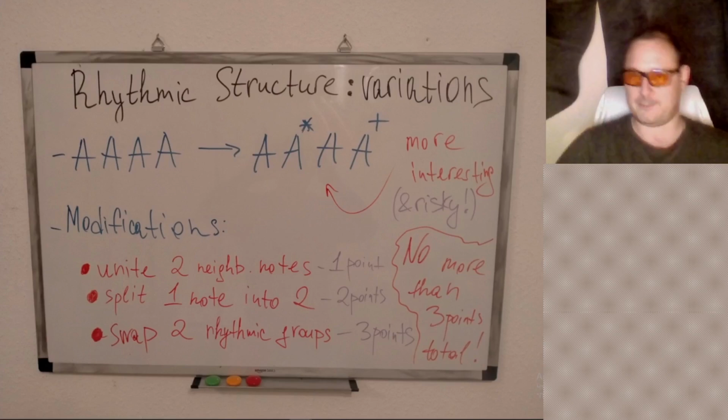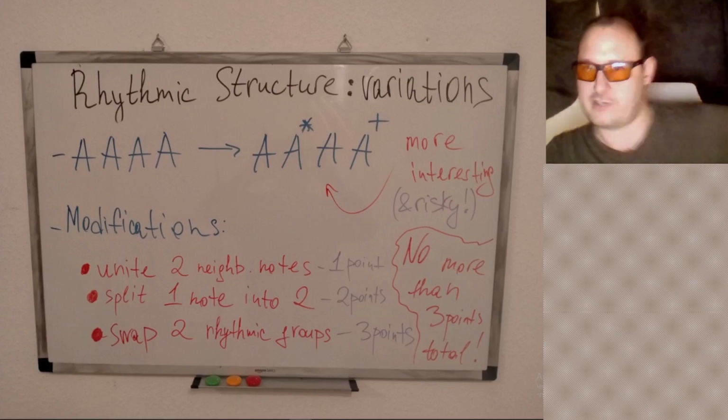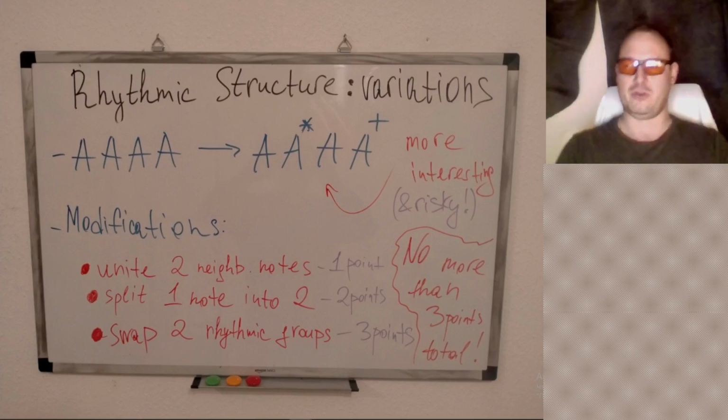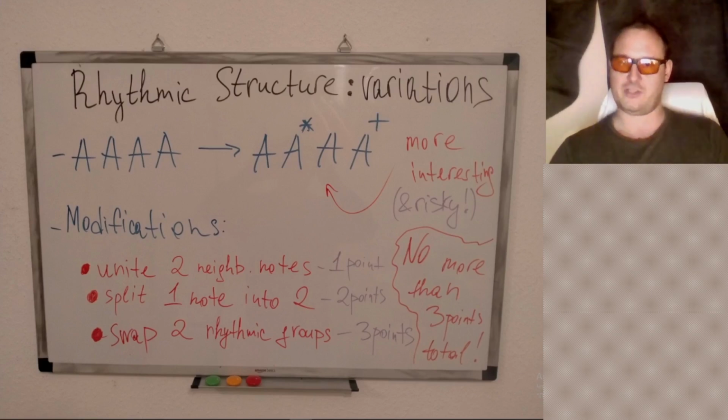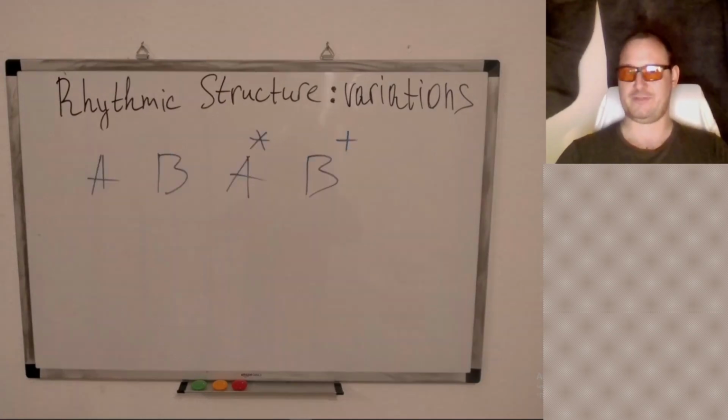So we can put a constraint here that we should not exceed the 3 points limit for our modifications. Of course, you can question this number, but you can do your own test and see how it will work.